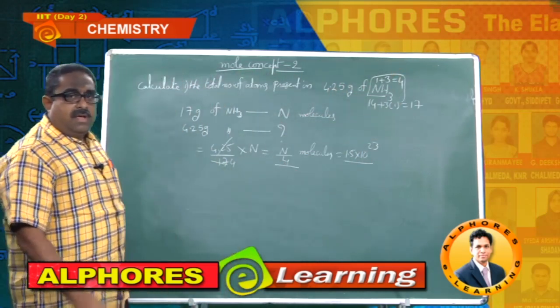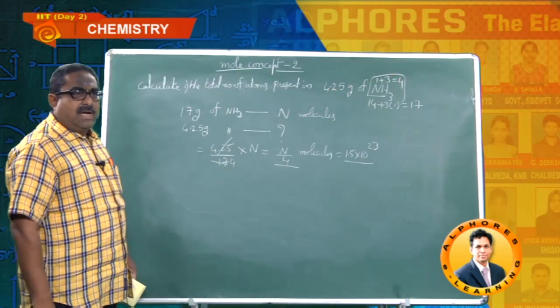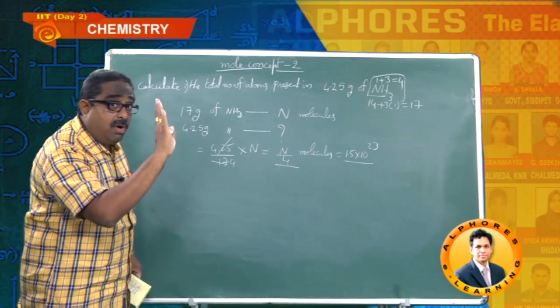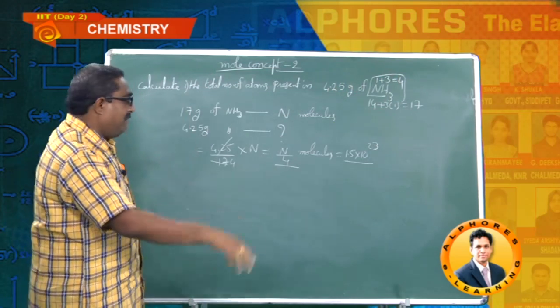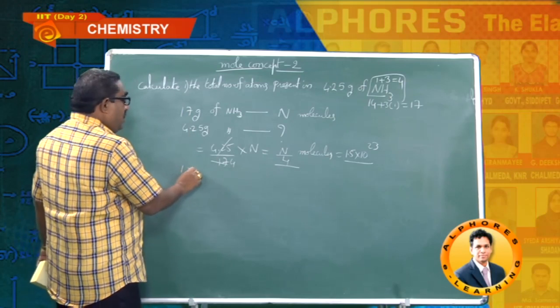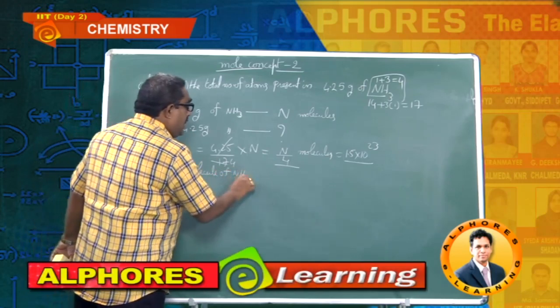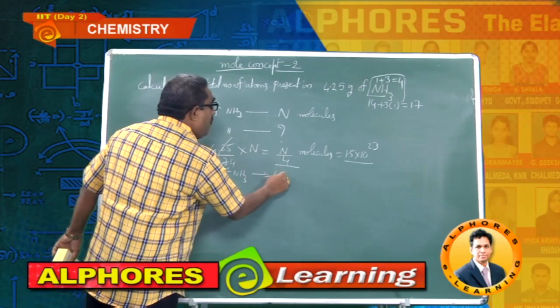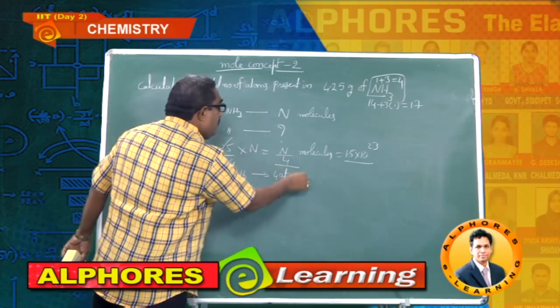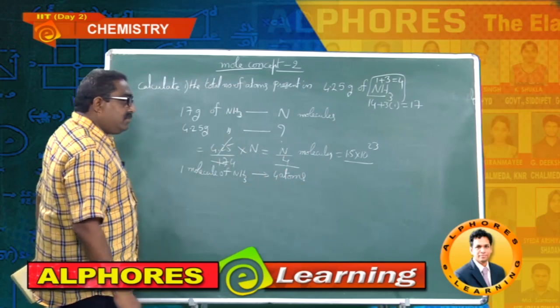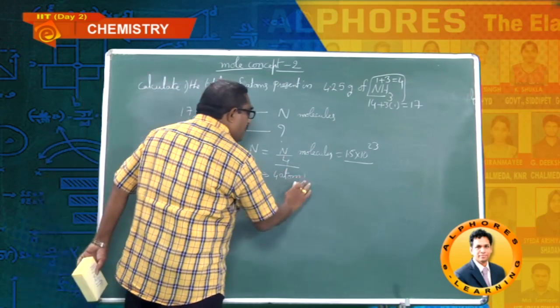It means 1 molecule of ammonia contains total 4 atoms. So I am writing here 1 molecule of ammonia contains total 4 atoms.